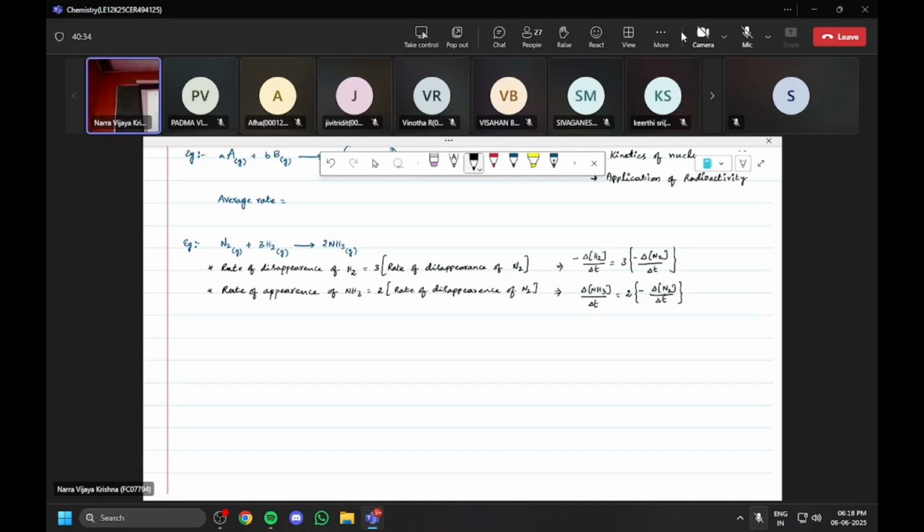Now, from the first equation, can I write minus delta N2 by delta T is equal to 1 by 3 times of minus delta H2 by delta T? Accepted or not? Correct? Now again, see the second equation. What will you write?